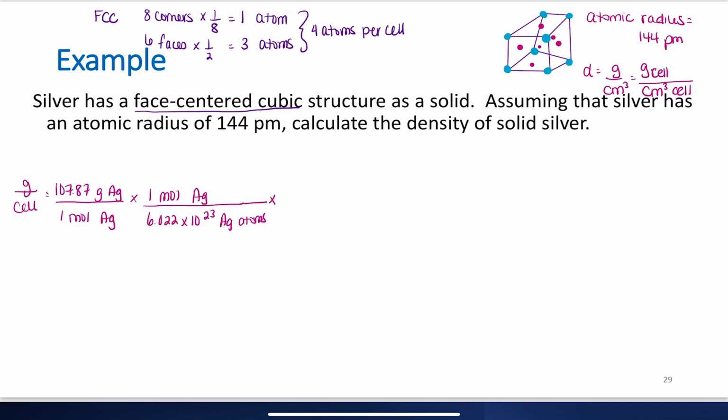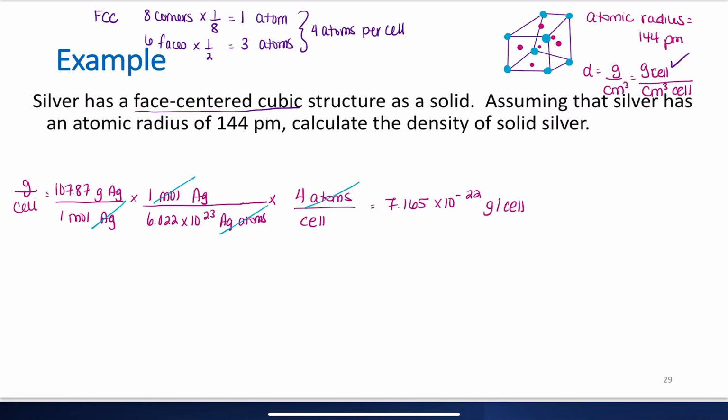This is FCC, which tells me I have 4 atoms per cell. That gives me grams per cell: 7.165 times 10 to the minus 22nd grams per cell.